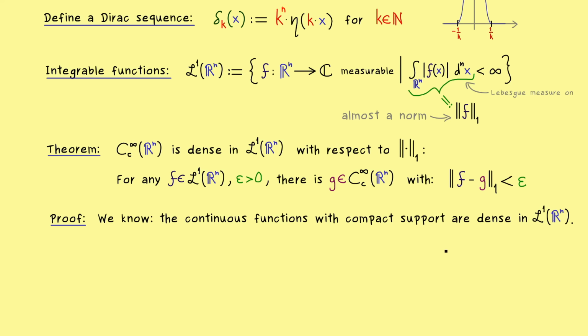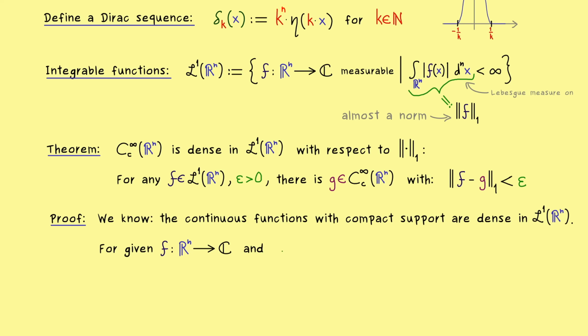This is something I explained in detail in my multi-dimensional integration course. It's an important fact because it already tells us that we have such an approximation for integrable functions. However, it's just for continuous functions and not for smooth functions. And in order to make this jump from continuity to smoothness, we can use this Dirac sequence from before.